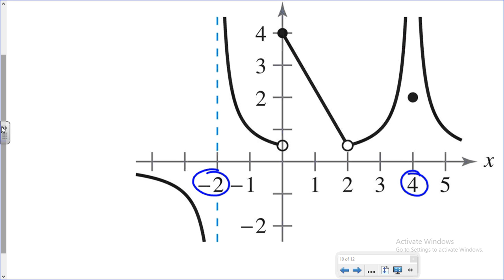Pod 1, any others? 2. Why? Because they're approaching different directions.